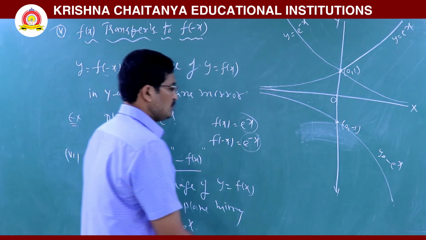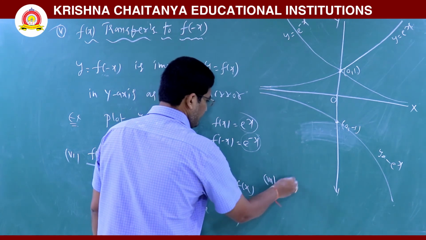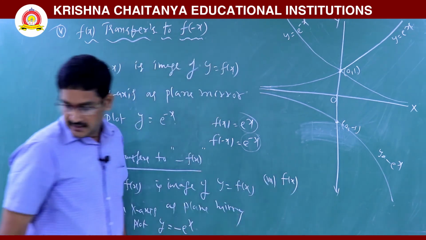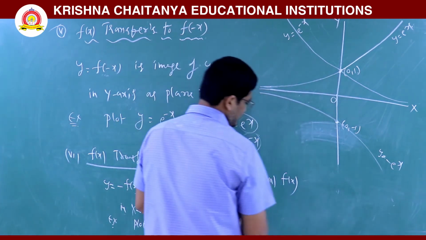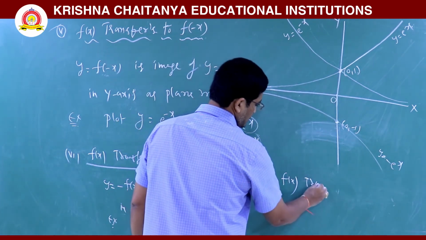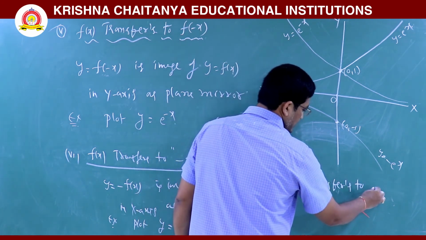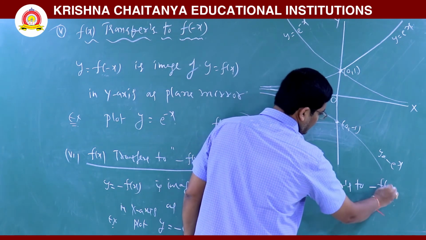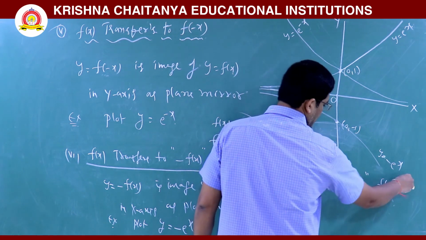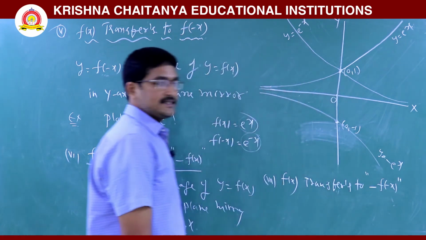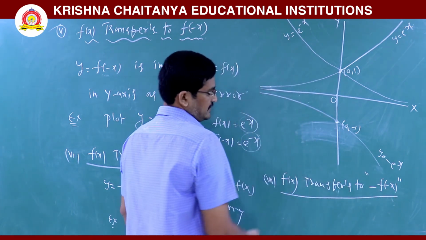Just you have to draw one more transformation, that is f of x transfers to minus f of minus x. It is one more case. F of x transfers to minus f of minus x. I hope you understand easily about this one.